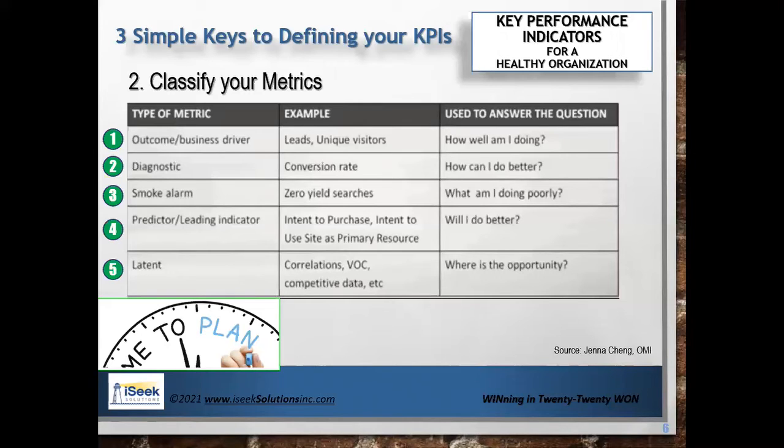So this was just 5 types of metrics that we would suggest you take a look at. Very simple to construct. Some are warning metrics, some are diagnostic metrics, but you see where you could look at different ways to indicate whether you're performing well or not in your business.